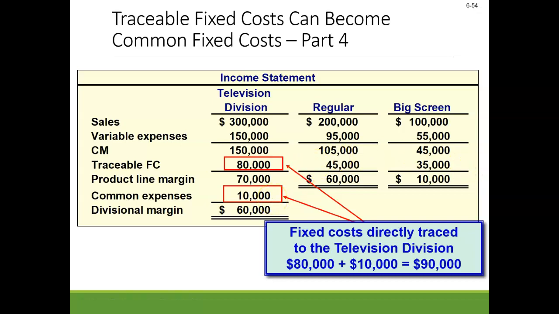Fixed costs directly traced to the television division, they could trace 45 for the regular TVs, 35 for the big screen. Those are traceable, but these common expenses you keep out of the segment operating incomes.